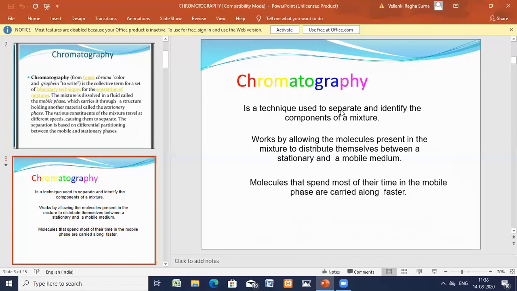The method of separating a mixture into individual components through equilibrium distribution of the components between two phases is called chromatography.